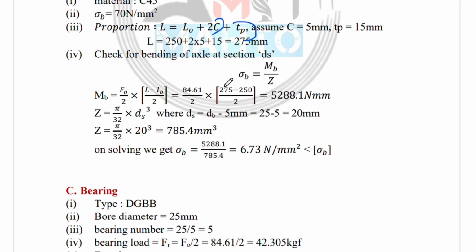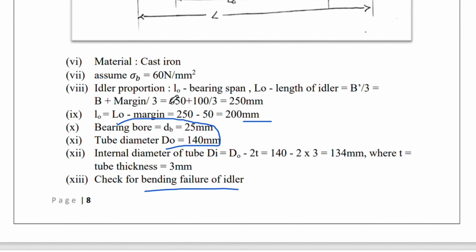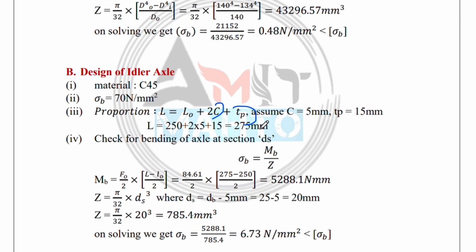and next capital L, here we found capital L value, which is 275. Small Lo you will get from here, which is the bearing span. We found here Lo is equal to capital Lo minus margin, which is 200 mm. Bearing span is 200 mm.